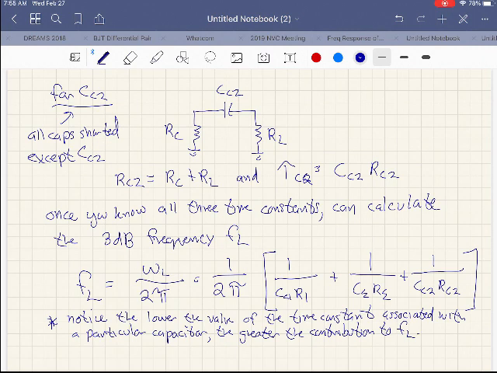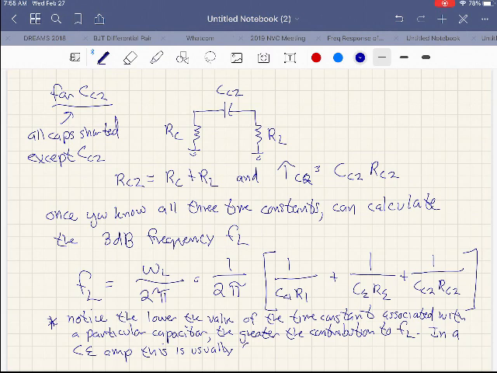We've got a very similar thing going on here. We're looking at a BJT, in a common emitter amplifier, this is usually the bypass capacitor, just like it was usually the bypass capacitor in a MOSFET.